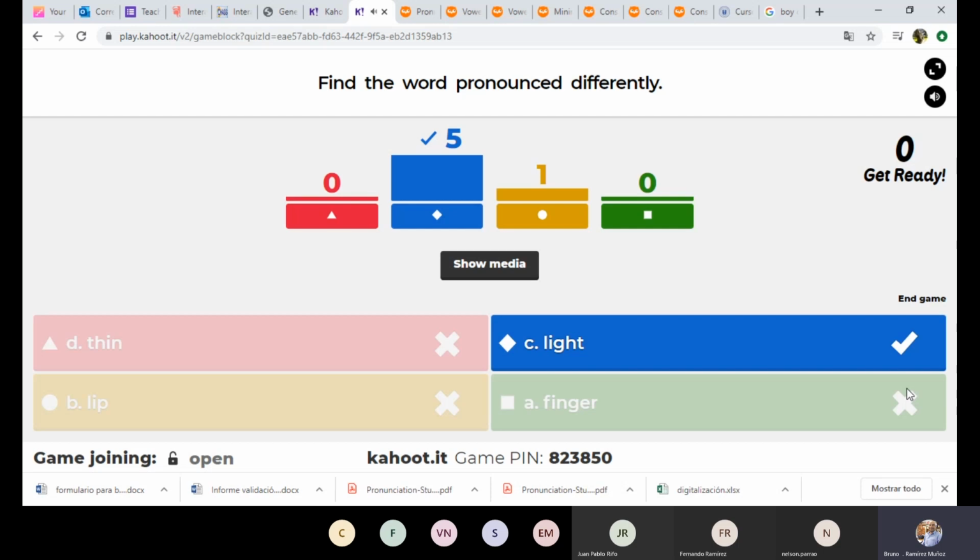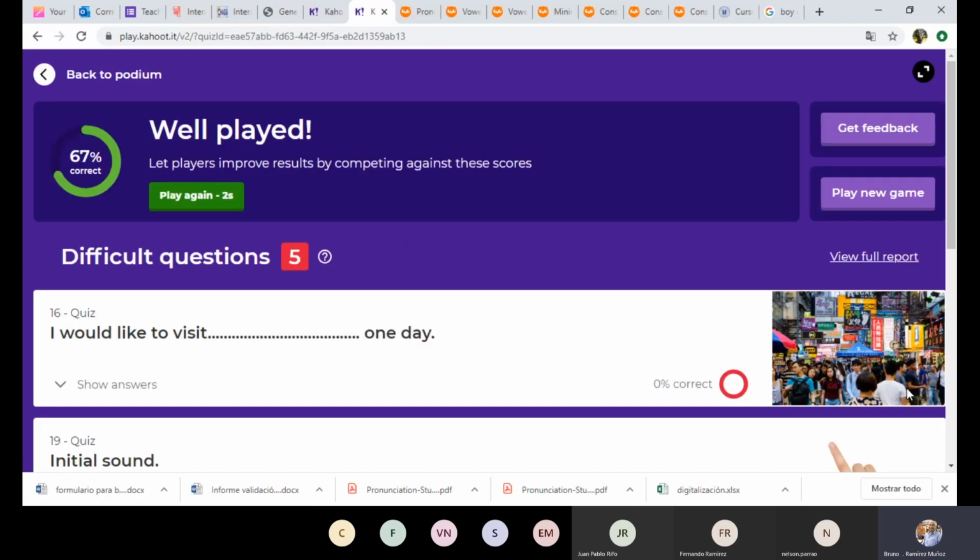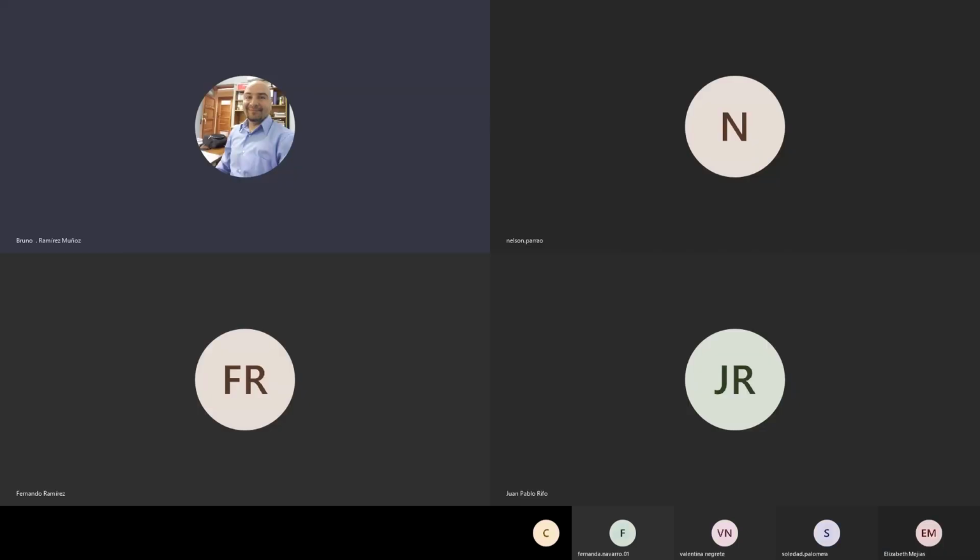And the other ones were monophthongs. Pulga, you were the winner today, followed by C, and then La Blanca. Very cryptic nicknames. Congratulations to the ones who participated. I think it was very interesting, and it goes really fast the way you're answering.